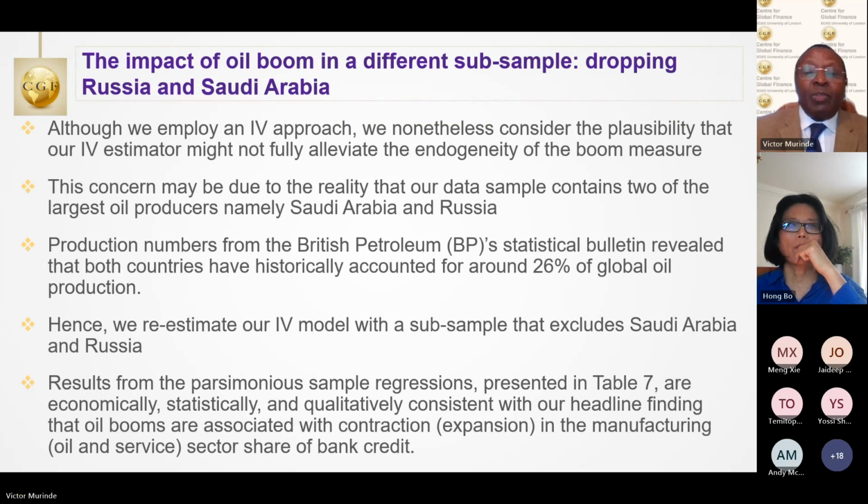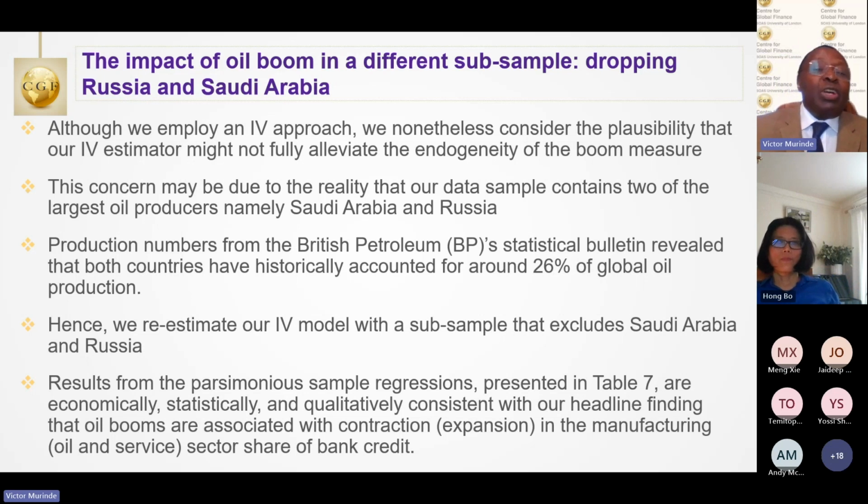We also do a further robustness check. It may be argued by a critic that our sample is dominated by Russia and Saudi Arabia, the two countries which represent 26% of global oil production.